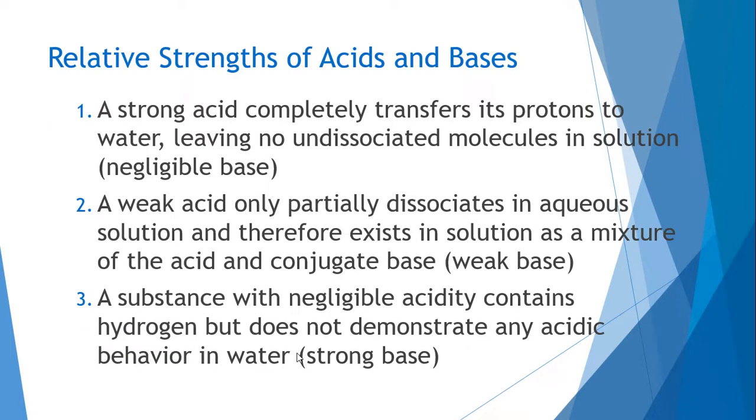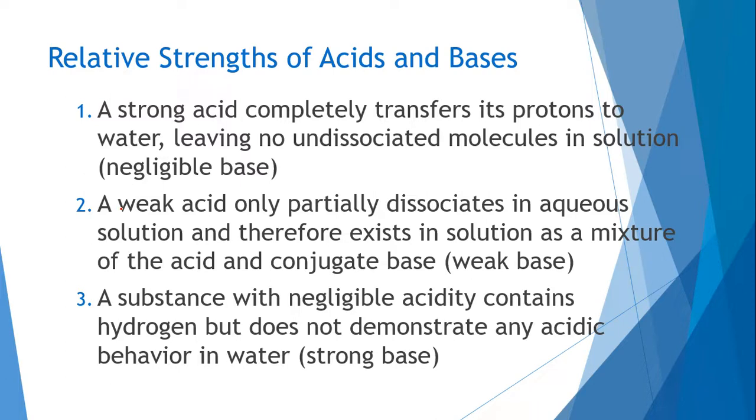If I'm looking at a strong acid, it completely transfers its protons to water, which means it leaves no undissociated molecules, and your conjugate base is going to be negligible. Negligible just means it's so small it's hard to read.